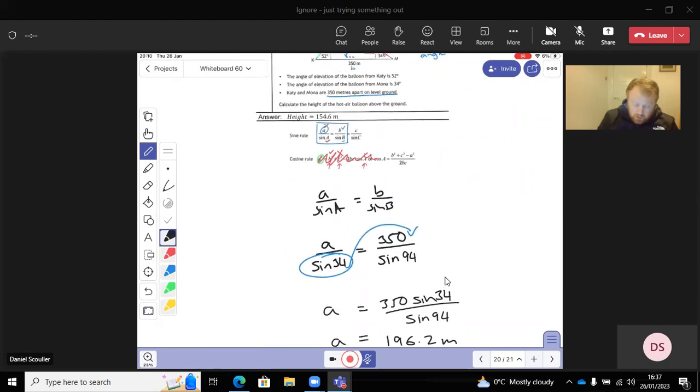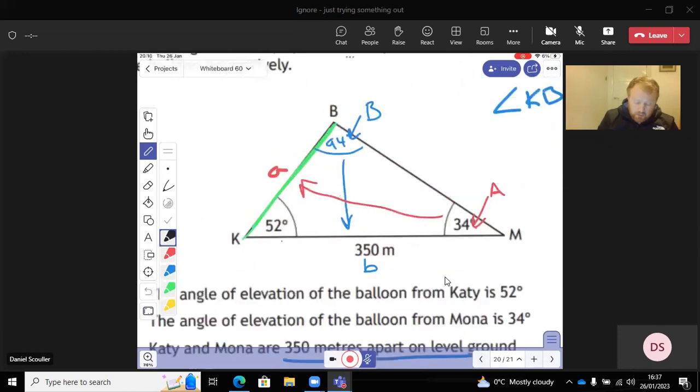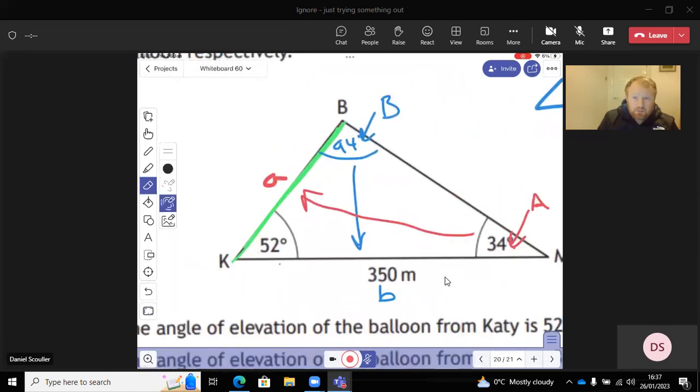So, what have I just worked out? Go back up there. If I'm zooming in and out, and you're missing something when you're copying, give me a wee shout. What I found out is that it's 196.2 metres. So I've now filled in that missing side.